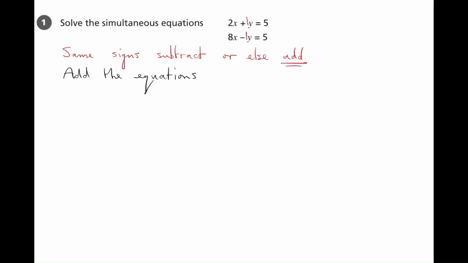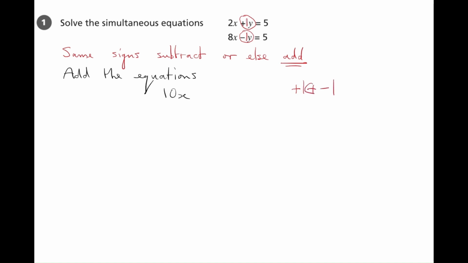So we begin with the x's. We have 2x added to 8x, so that gives us 10x. Next, we look at the y's. We have plus y, which is plus 1y, and we have minus y, which is minus 1y. So if we look at the numbers, we have plus 1, we're adding, and then we have negative 1.